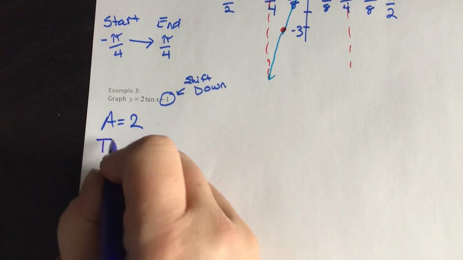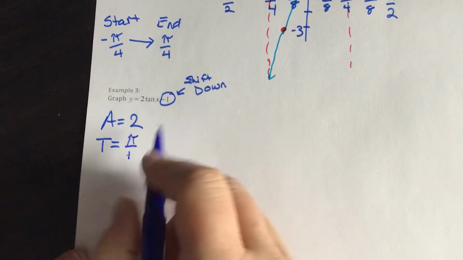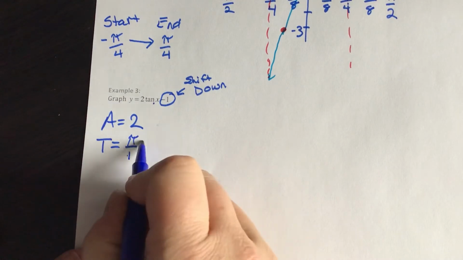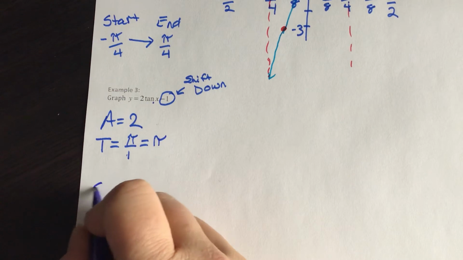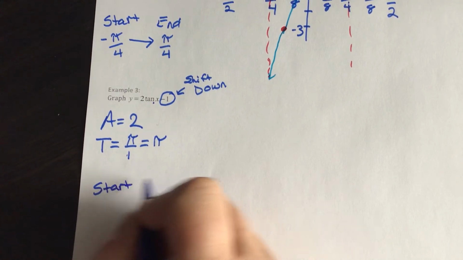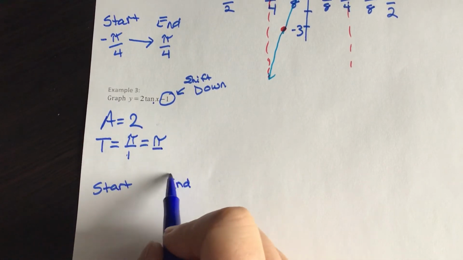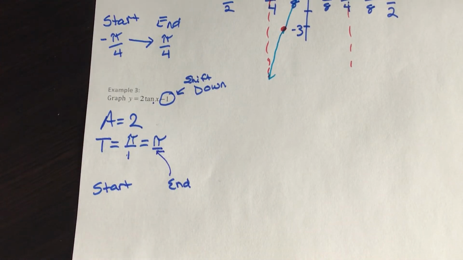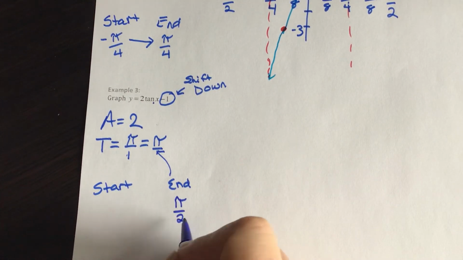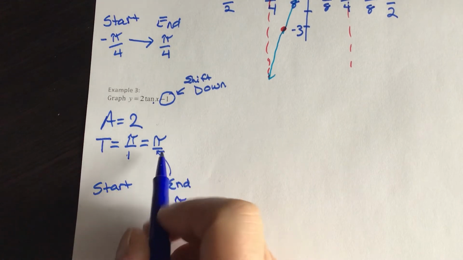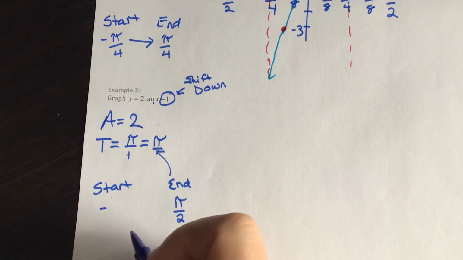My period, or the time for one interval, is pi over b, and b is 1, so this is pi. So I know that I'm going to start and end at half of my period. So I'm going to end at pi over 2, and I'm going to start at negative pi over 2, just the opposite over the origin.